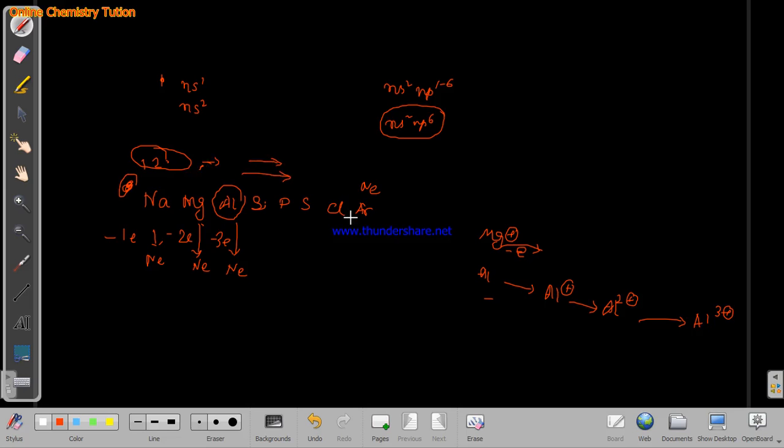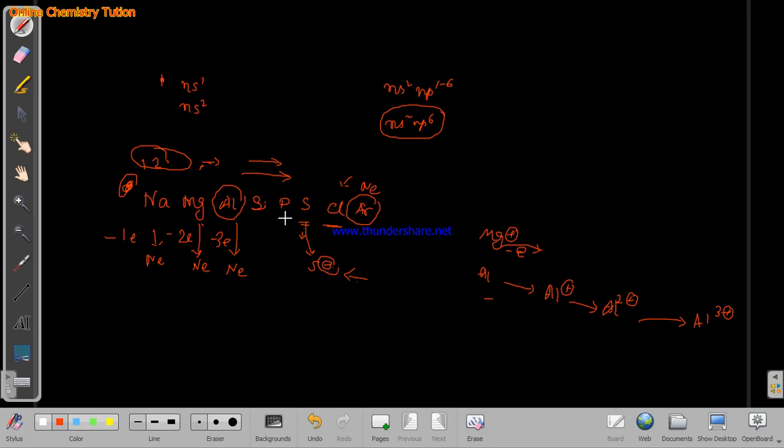Similarly, chlorine will get only one electron and it will get the noble gas configuration of argon. Sulfur has to take 2 electrons to get the configuration of argon. This is far more difficult, as when sulfur gets 1 electron it forms S-, and after that it has to get another electron, and when this electron comes, the extra electron will repel the existing electrons, so this process is far more difficult.